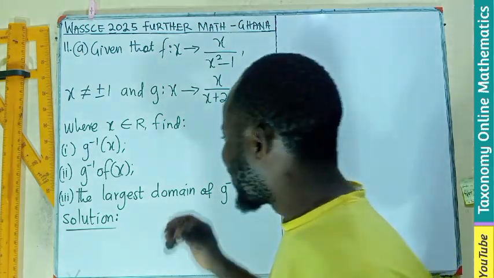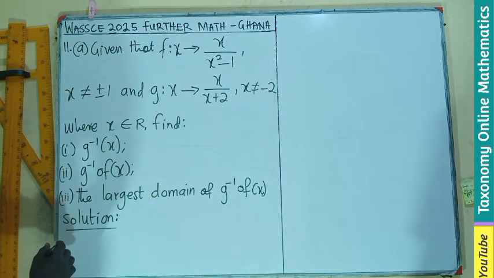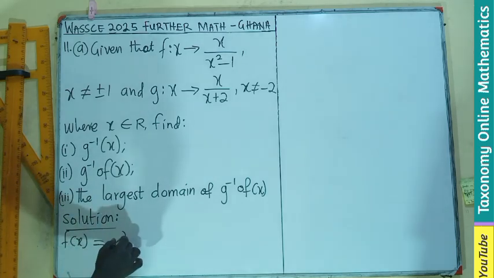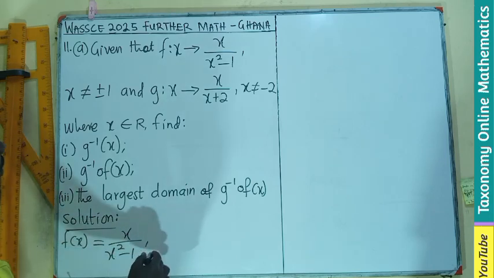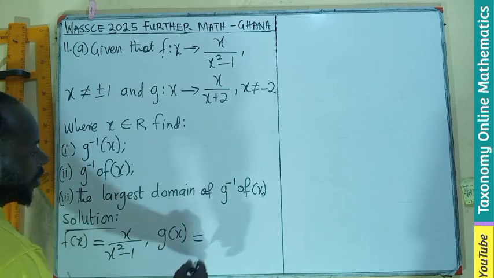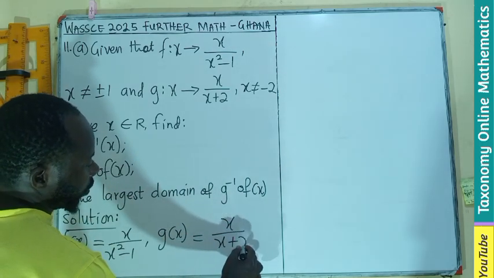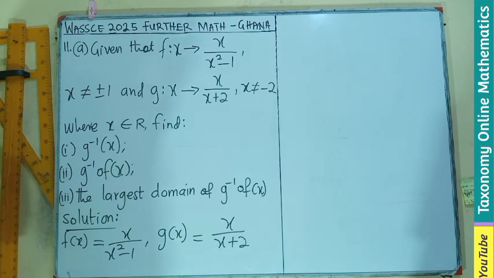So let's start with the first one. We can translate that into f of x equals x divided by x squared minus 1. Then g of x will also be translated to be equal to x over x plus 2.